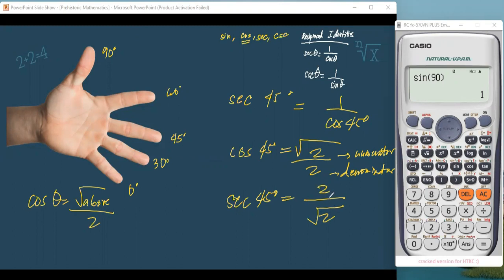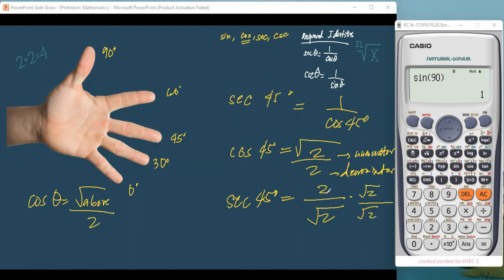However, di ba may rules po tayo sa fraction na wala daw po dapat na radical sa ating denominator. So ano pong ginagawa natin para maalis to? You are correct, that is rationalization. Paano po tayo mag-rationalize pag square root? Multiply both the denominator and the numerator by the number of the radical. So we have here the square root of 2 and the square root of 2.